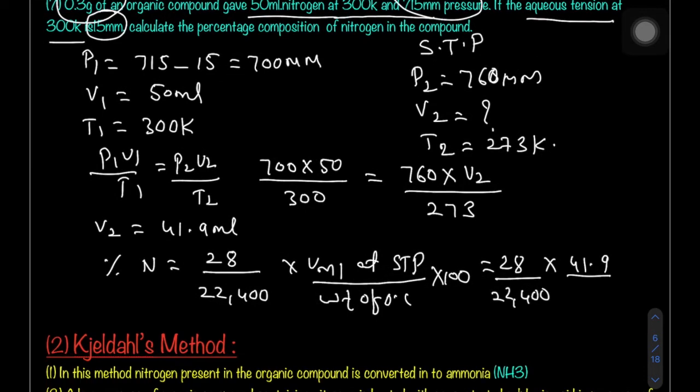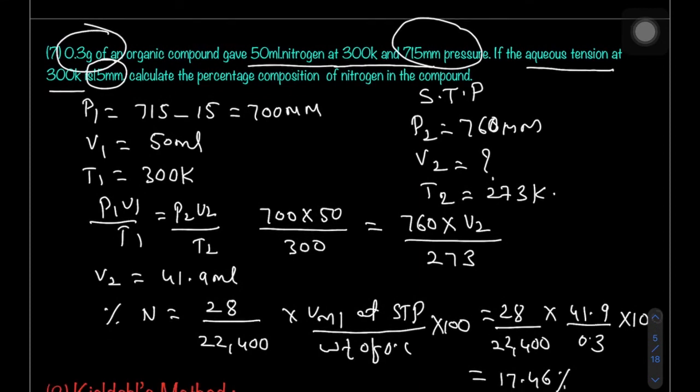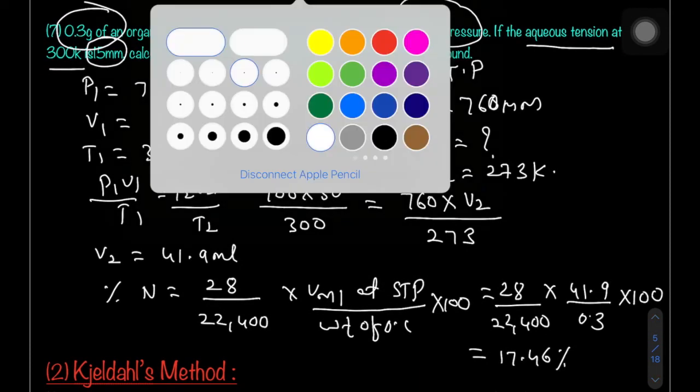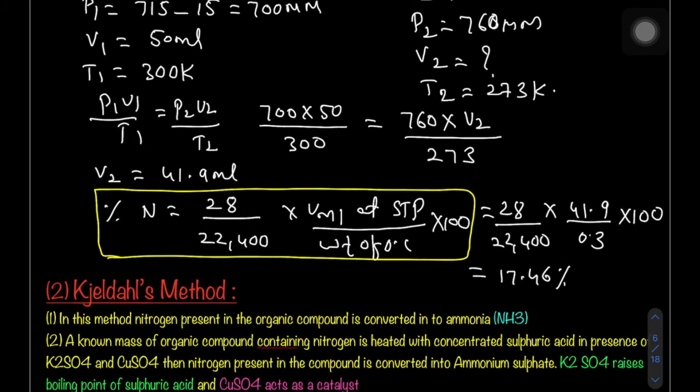What is the weight of the organic compound given in the question? 0.3 grams. Multiplied by how much? 100. So finally the answer is 17.46%. Here the formula is: percentage of nitrogen is 28 by 22,400 into volume of nitrogen at STP by weight of organic compound multiplied by 100.